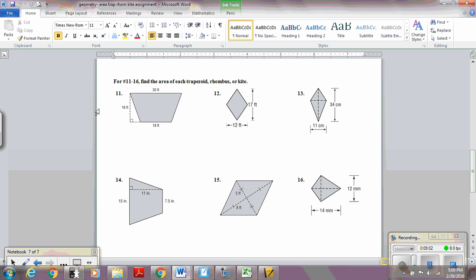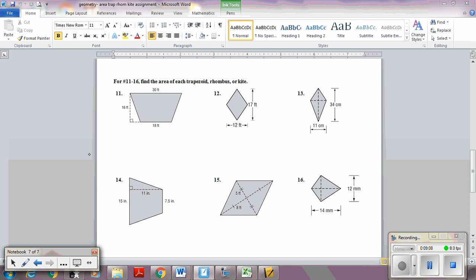For number 11, it wants us to find the area. 11 is a trapezoid. So we need b1 plus b2 times h over 2. So that would be 30 plus 18 times h, which is 16. Even though it's not inside the figure, it doesn't matter. It's still perpendicular. And over 2.